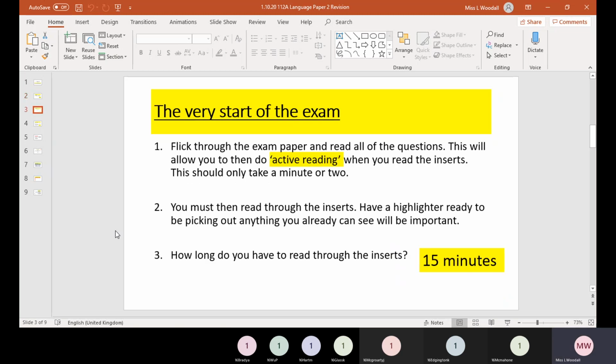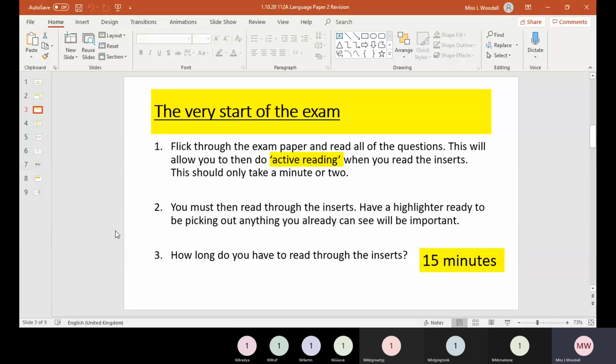So I want to talk to you about what you will need to do at the very start of the exam. Imagine you have just walked into the exam hall. This is going to be exactly the same for paper 2 and for paper 1, so the advice I'm giving you now applies to both. If it was me, this is what I would do, and it's something I suggest you do as well.